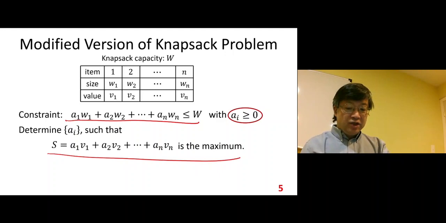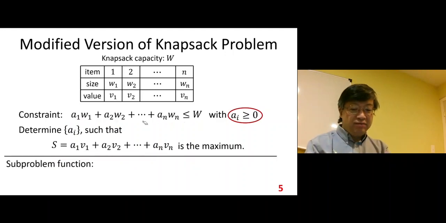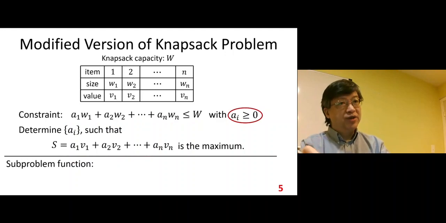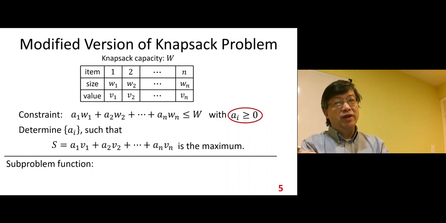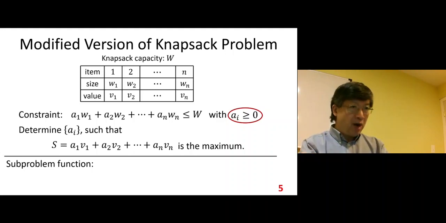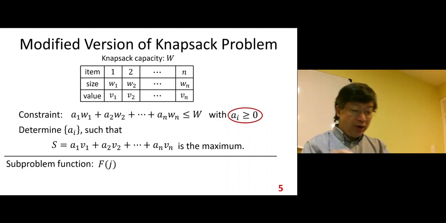All right. So based on our subproblem, because we can get a recurrence relation quickly. For this case, how do we get a recurrence relation? First, we need to define our subproblem. The subproblem here is very simple.